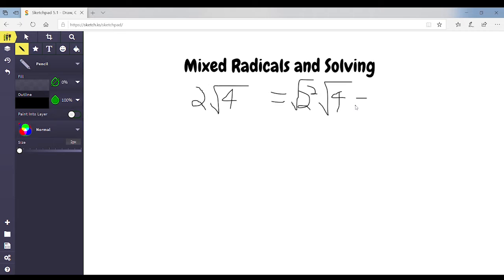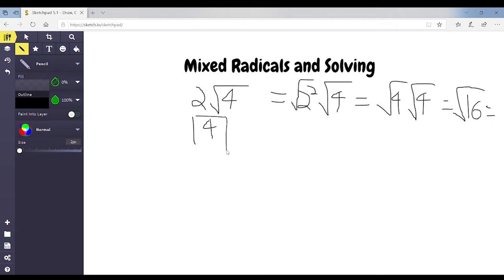So this is equal to the square root of 4 times the square root of 4. From our past videos, when you're multiplying, you can just multiply and put it under the same radical. So that's the square root of 16, which is equal to 4. So 4 is our answer.